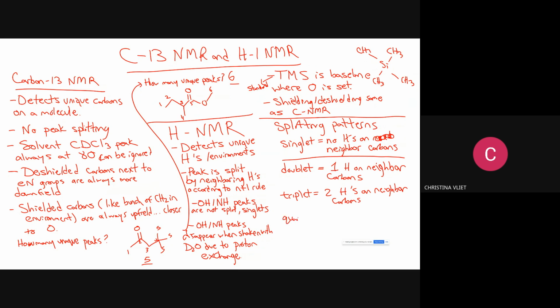Quartet is 3 hydrogens on neighbor carbons. Or quadruplet, if you wish to go that route. They didn't put that in an answer key. And then what is more than 4? You do not have to know quintet, sextet, septuplet, octuplet, nonaplet, decaplet.